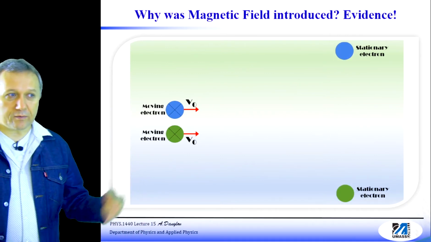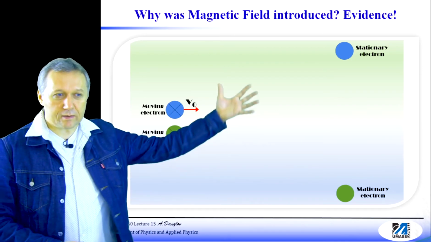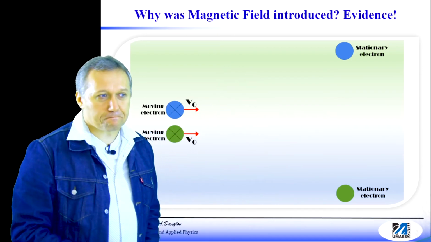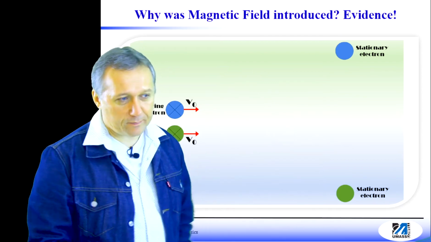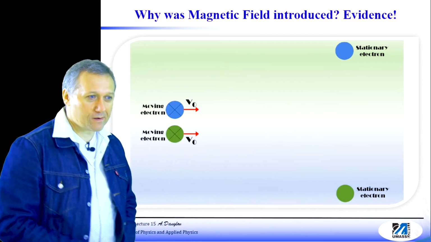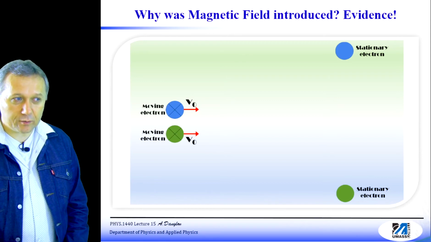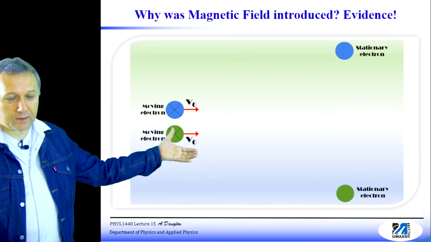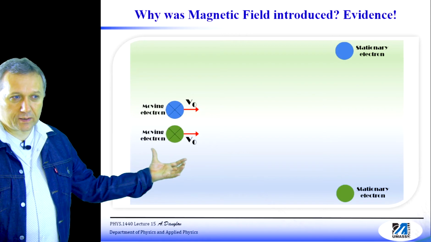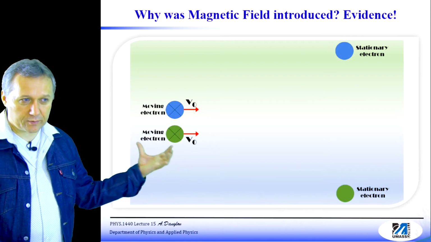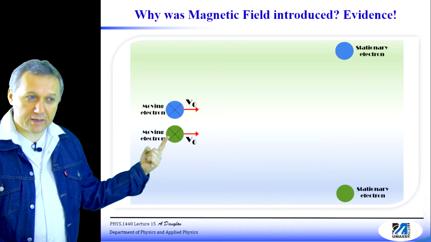All right, so they repel each other, of course, and that's the outcome of their interaction. Now let's look at the result of the interactions of these two electrons. Now they move.